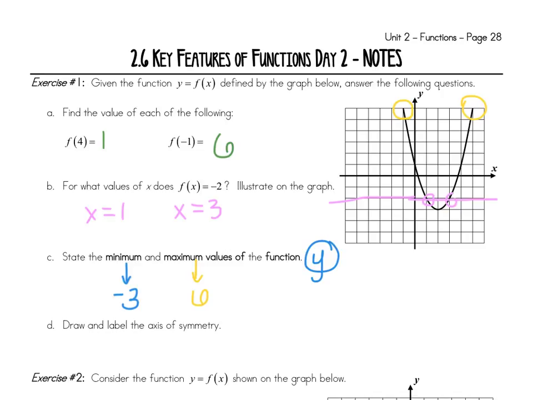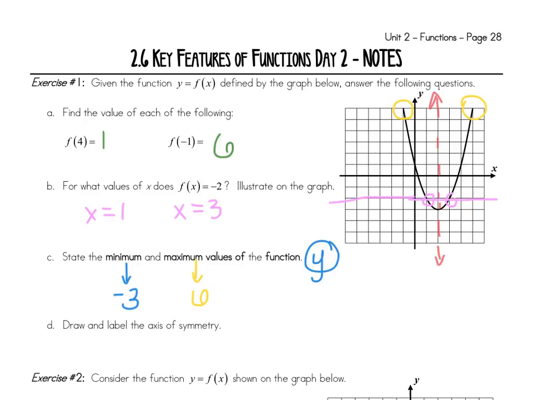And lastly, for part D, it says to draw and label the axis of symmetry. So where can I draw a line that divides the graph into 2 equal parts? Well, that happens right here. And I know it doesn't say this, but I'm going to go a step further and actually give the equation of the axis of symmetry.